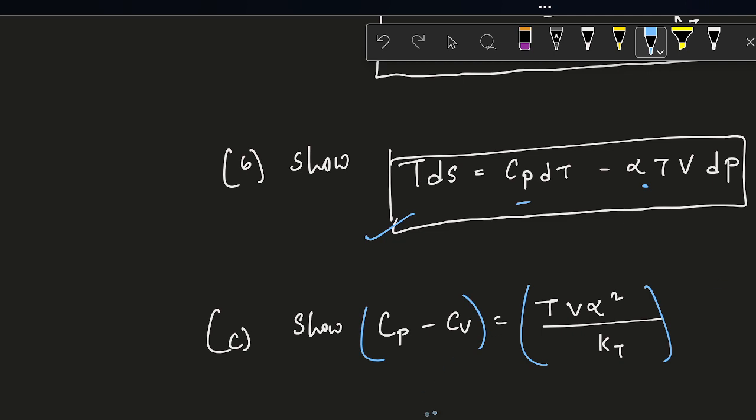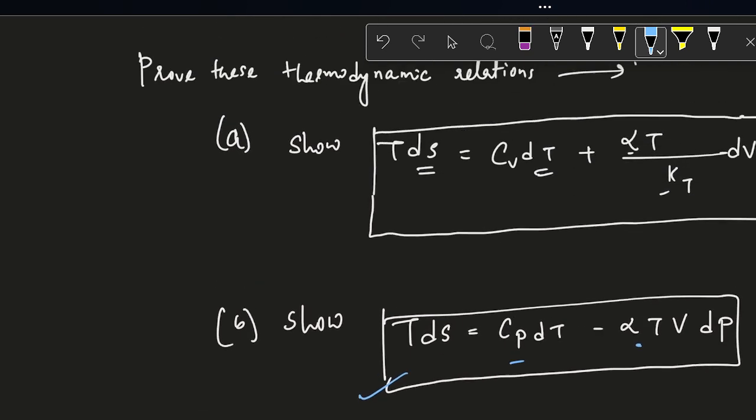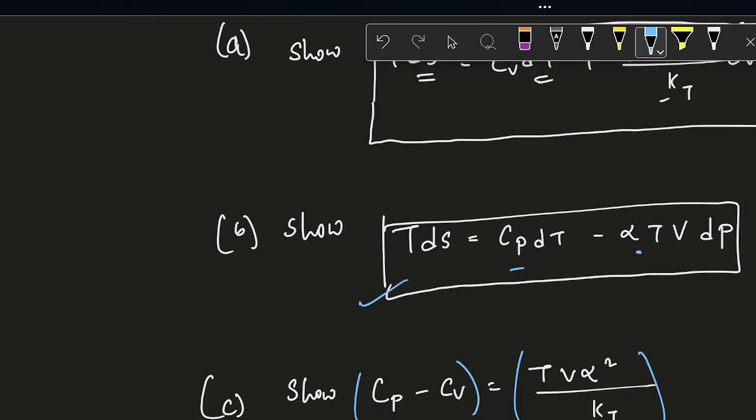First of all, look at what is being asked to prove in question number A. It is TdS equal to Cv dT plus alpha T by Kt dV.